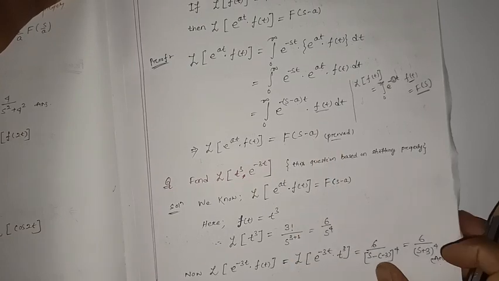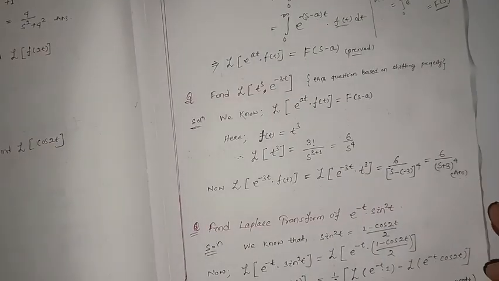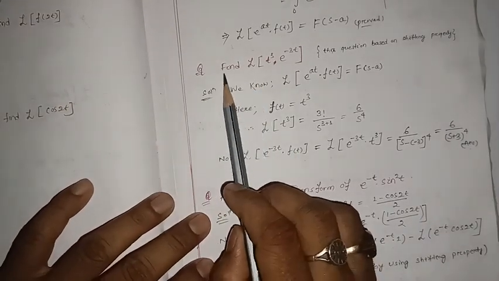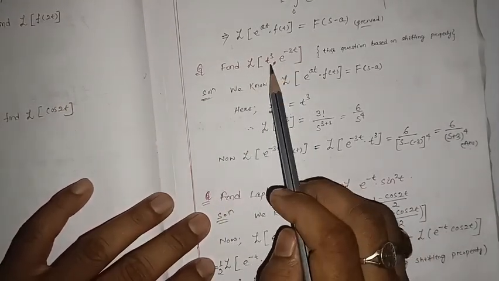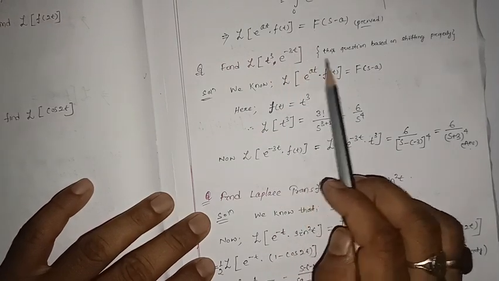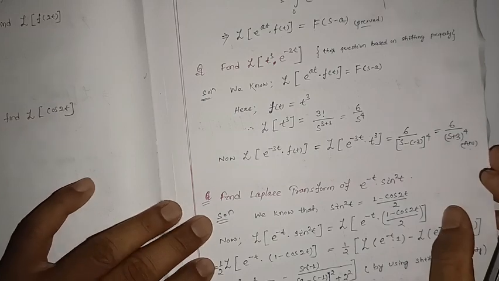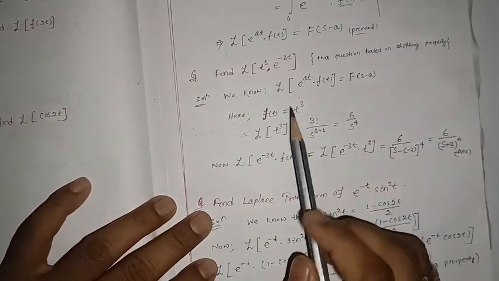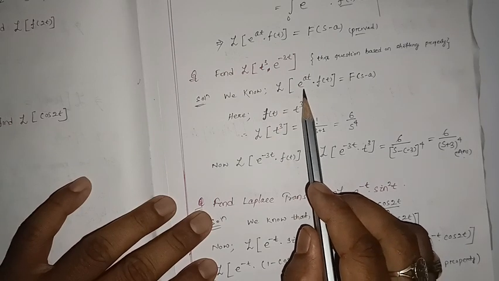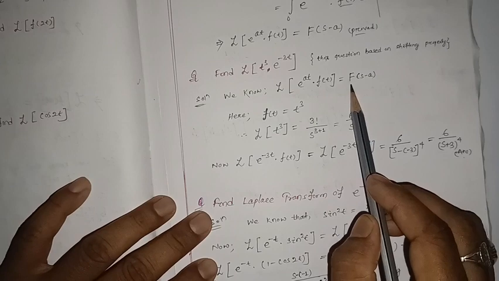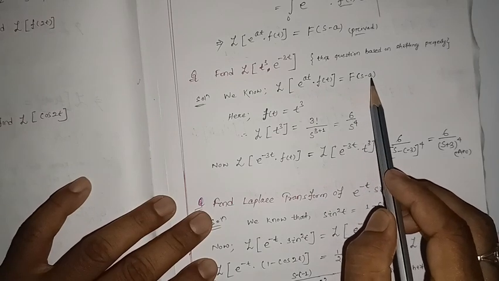Now we are going to use this property and solve two numericals. The question is Laplace transform of t to the power 3 e to the power minus 3t. How are we going to solve it using this property? According to this shifting property, Laplace transform of e to the power at into f of t equals capital F of s minus a.